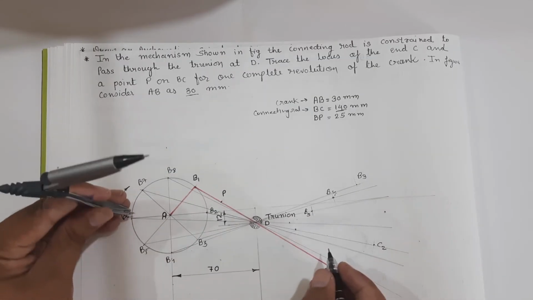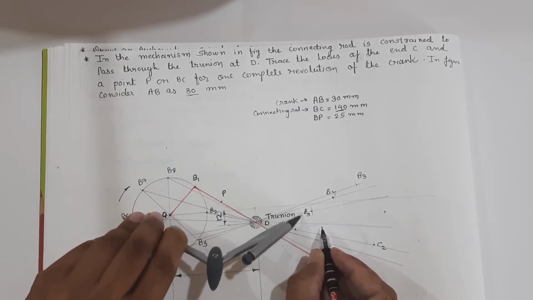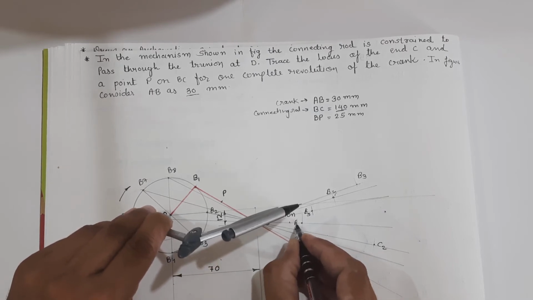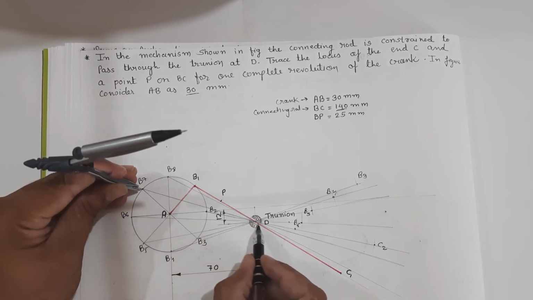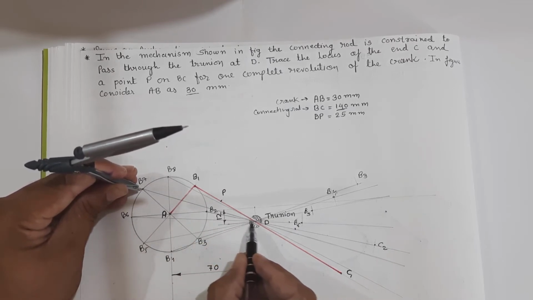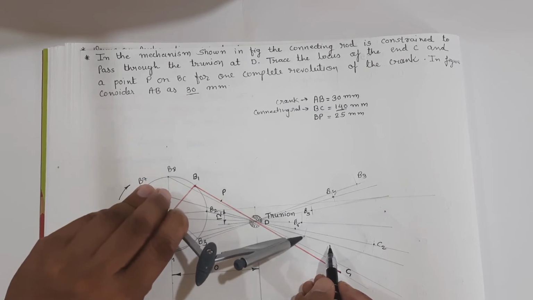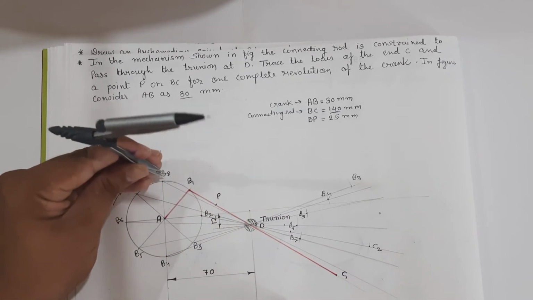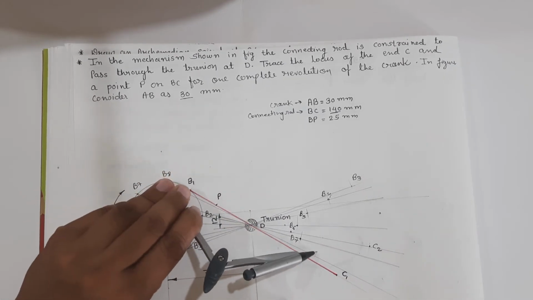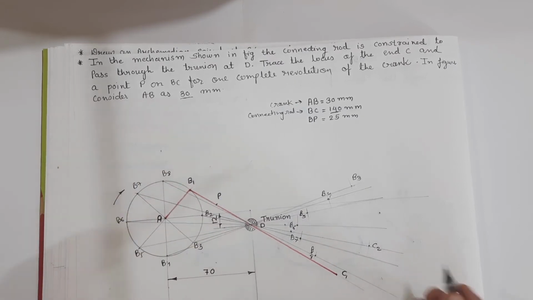Put your compass on B6, follow this particular line. This will be point C6. Put your compass on B7, follow this line. This will be C7. Put your compass on B8, follow this line. This will be C8.